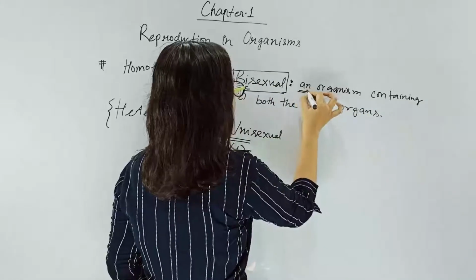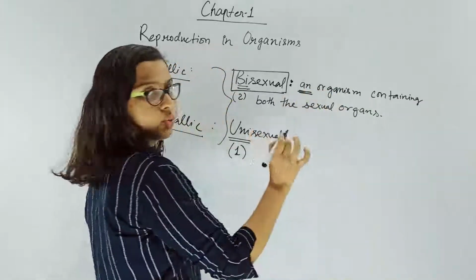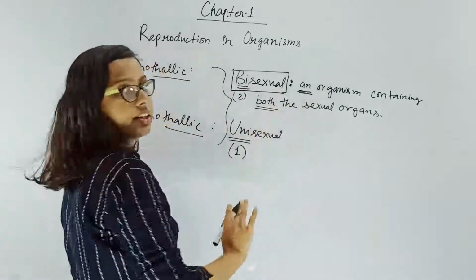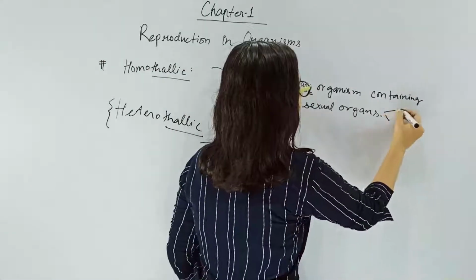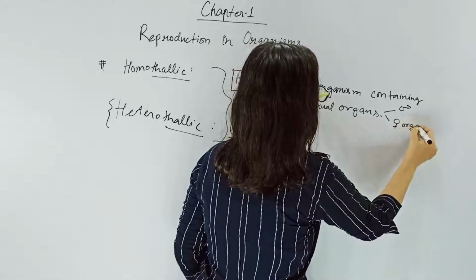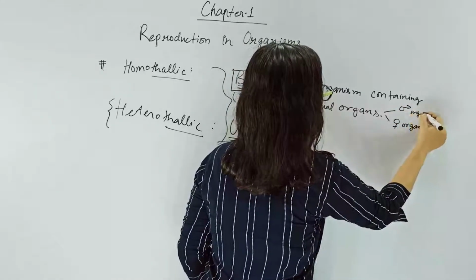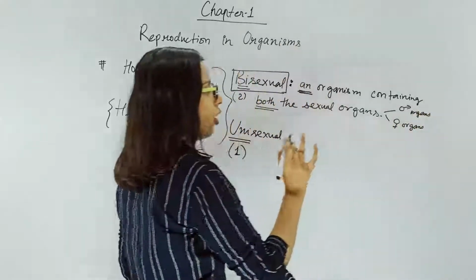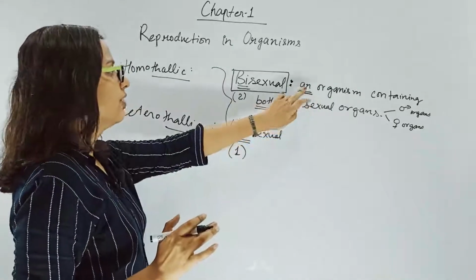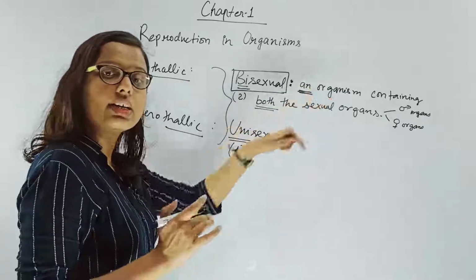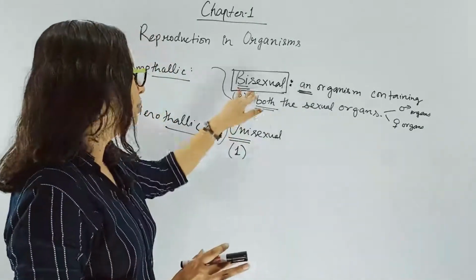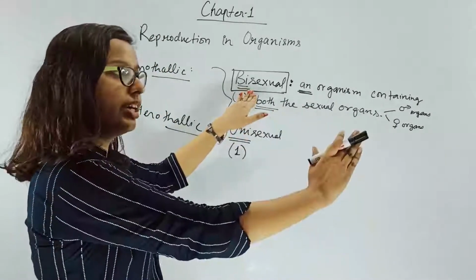One organism containing both the sexual organs, male and female organs, both on the same one organism. If this condition is seen, then that particular organism, whether it is a higher plant or an animal, will be called bisexual. It means this plant is bisexual.